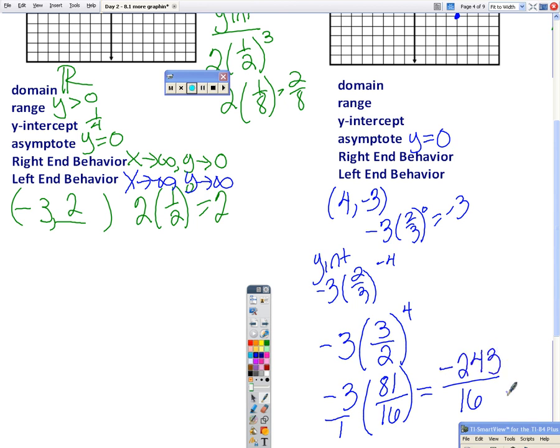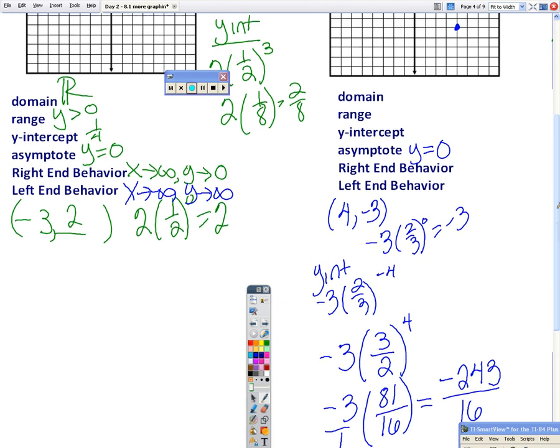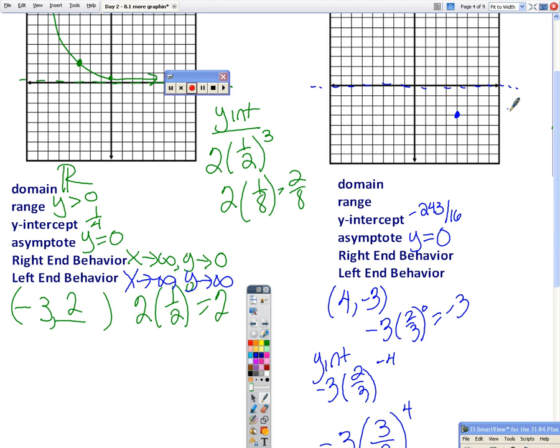So that's a really negative number that I cannot put on my picture. So because it's so low and it's not on the graph, I'm not going to show a y-intercept when I make my sketch.